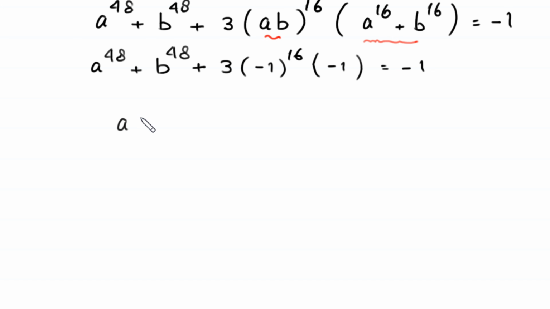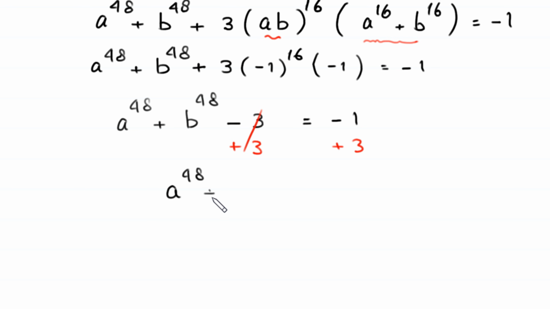Negative 1 to the power 16 is positive 1, so 3 times negative 1 will become negative 3, equal to negative 1, and we add 3 to both sides, so the negative 3 will be cancelled with the positive 3. We get the value of a to the power 48 plus b to the power 48 equal to 2.